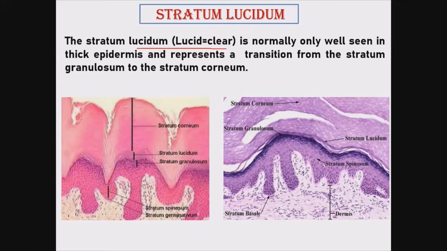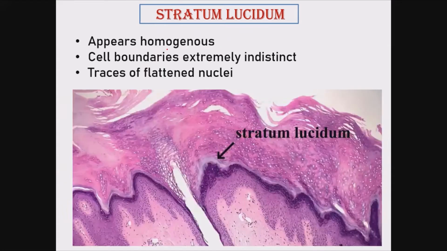So as you go from stratum granulosum towards stratum corneum, a thin layer which is more translucent, we can see here, this is lucidum, a translucent layer where the cell nuclei may not be very clear, indistinct. So homogeneous and extremely indistinct cell boundaries, it appears like a light stained homogeneous layer in between corneum above and granulosum below, and cells are flattened over here. The nuclei appear in traces. This is called lucidum. This is present in thick skin of your palms and soles.